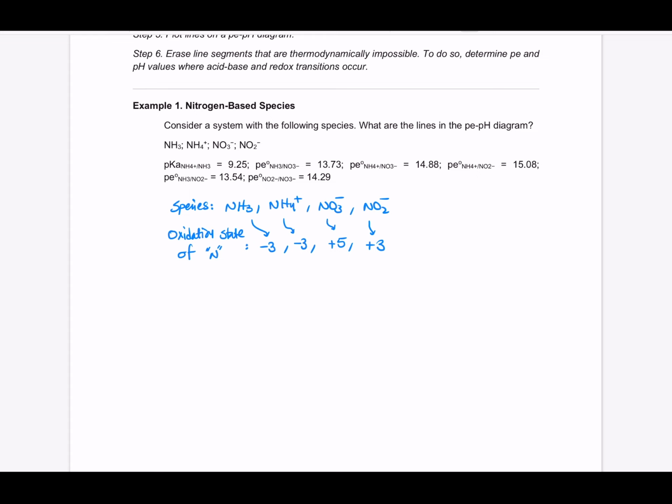No? Okay, so I go with the simplest. We're expecting an acid-base reaction between ammonium and ammonia. What else? So a redox reaction between these two because the oxidation state would change. So what else?